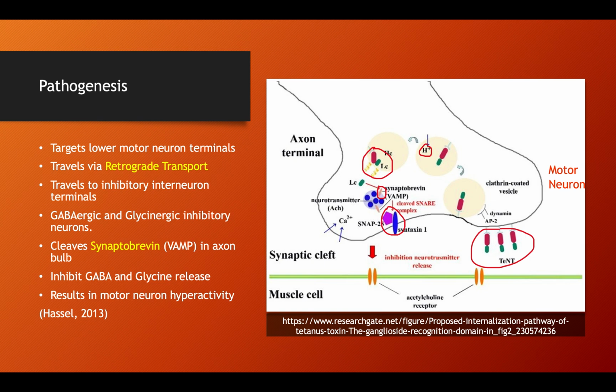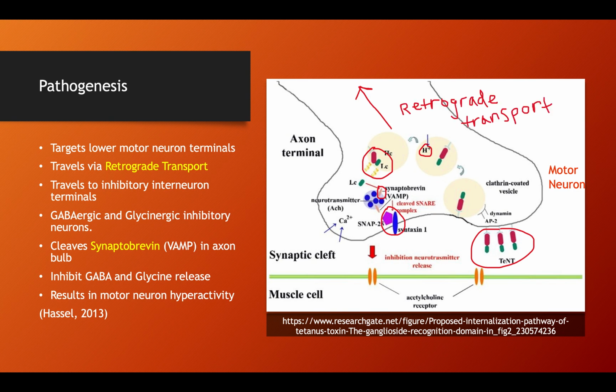So what happens next? Does tetanospasmin just stay here in the motor neuron? The answer is no. It actually travels up the motor neuron and goes towards the spinal cord, towards the interneuron terminals. This traveling upwards of the motor neuron is called retrograde transport.